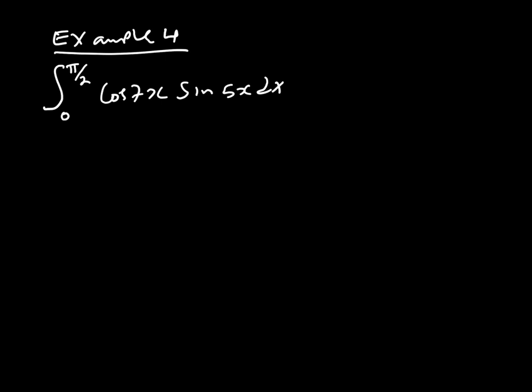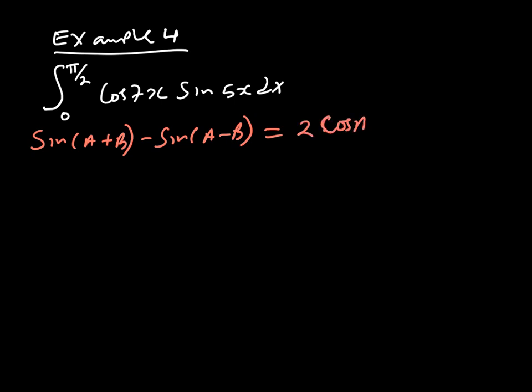So we have sine of angle A plus B minus sine of angle A minus B gives us 2 cosine A sine of B. We prefer to write the trig ratio with the biggest angle first.